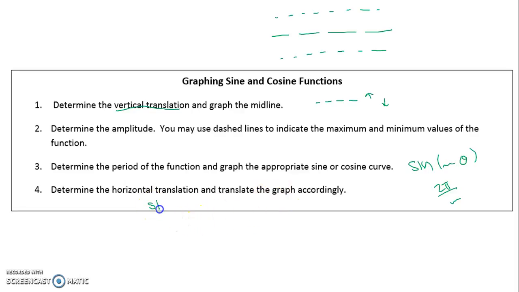Remember, normally it starts at 0 and ends at 2 pi, so you're taking whatever's in your parentheses. If it's sine of something with either a plus or a minus, you're taking all of that and setting it equal to 0 and to 2 pi and solving to determine where you should start and end your graph. With these directions, you can graph things that have both a vertical and a horizontal translation.